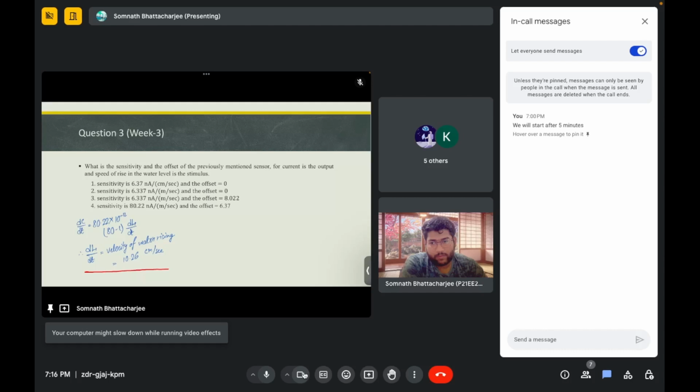Anyone? Anyone want to try? What will be the answer? Let me give you a hint maybe. Output and the speed of rise of water. Here, like they have already mentioned, the current is the output and the speed of rise of water is the stimulus. So how to calculate the sensitivity?